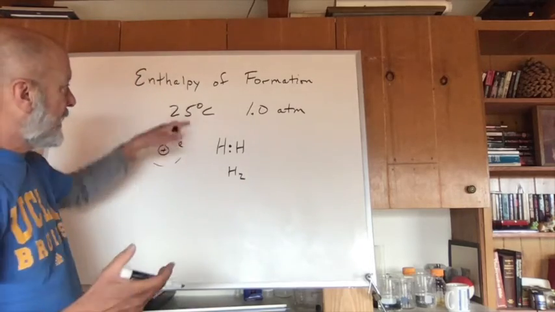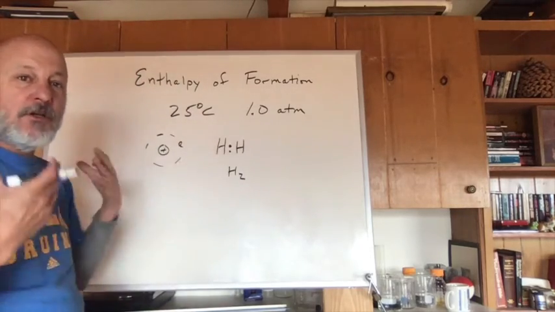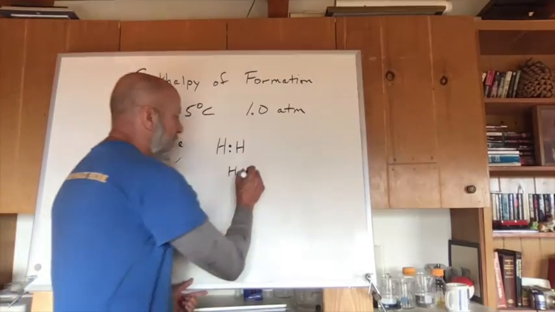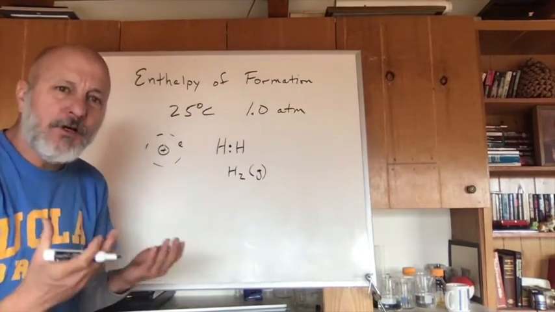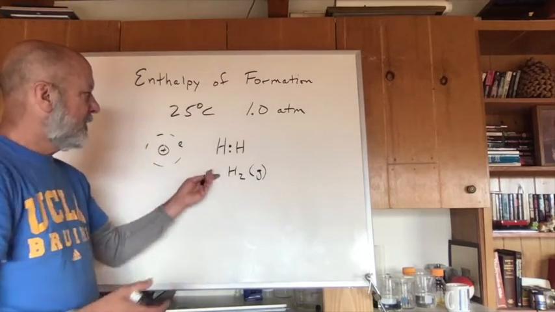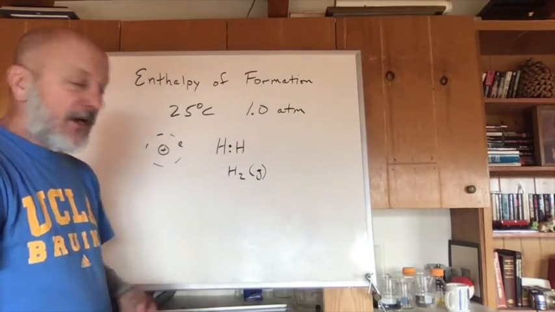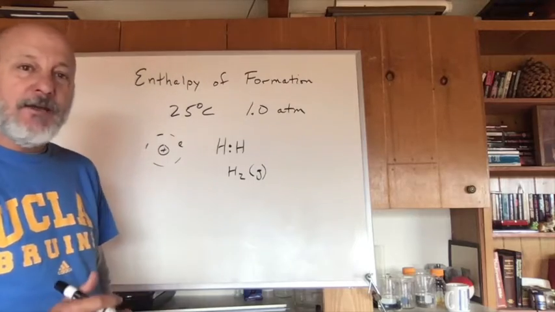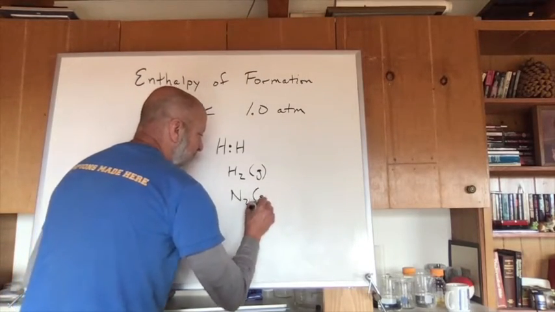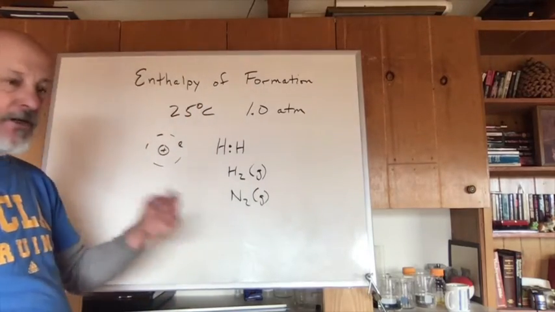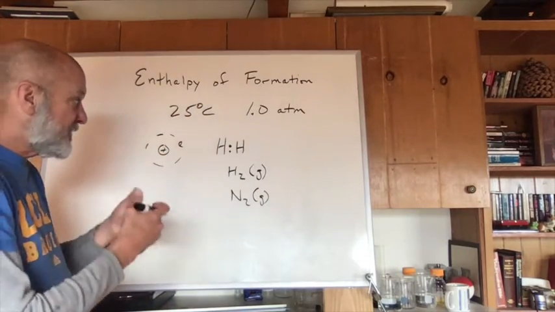And at room temperature, 1 atmosphere pressure, what phase is hydrogen in? It's a gas. So we say the standard state of pure hydrogen, the element hydrogen, is a diatomic gas, 2 hydrogens. The same goes for N2. It's a gas, right? It's diatomic. 2 nitrogens bonded together is the stable state.